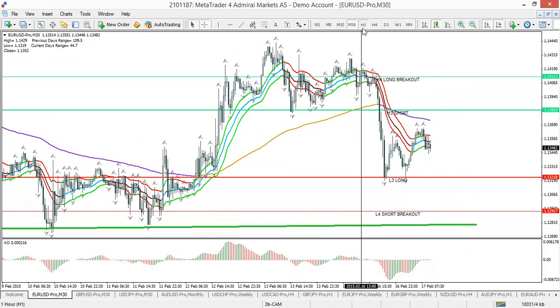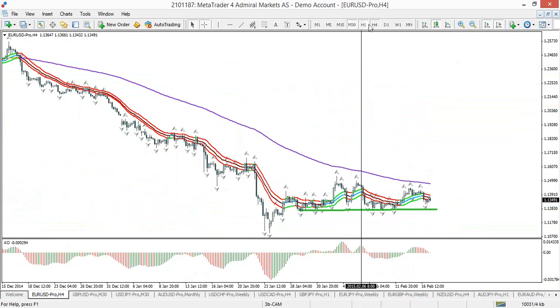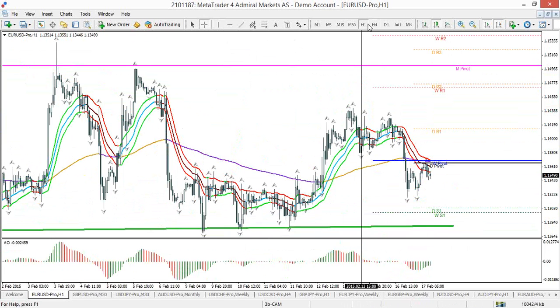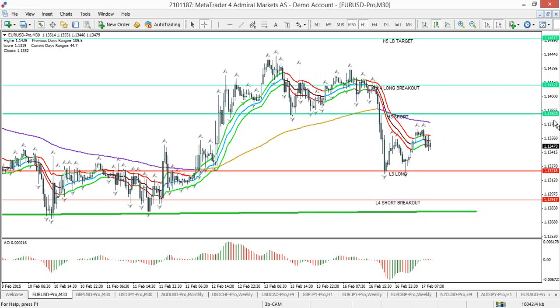The upside actually perhaps could be more interesting but then there would have to be some pretty good upside momentum occurring.